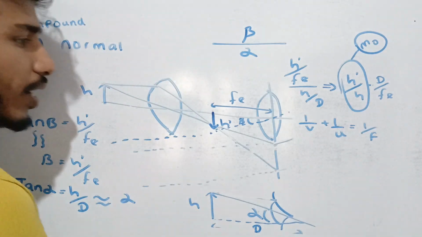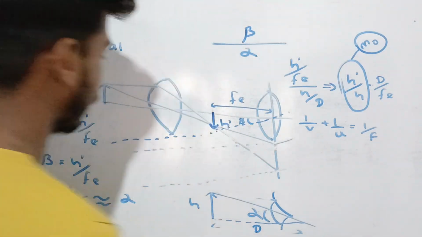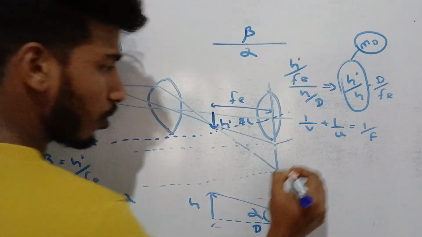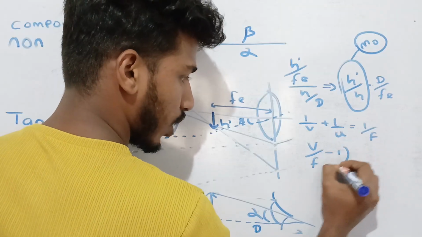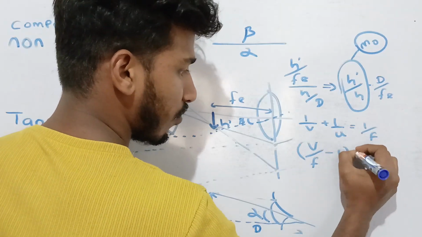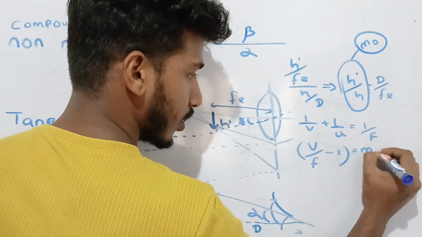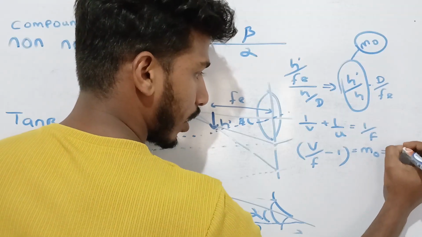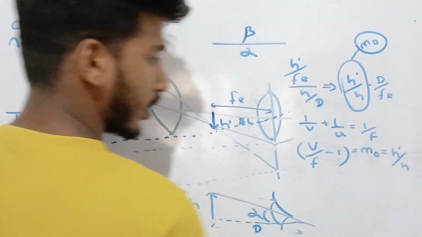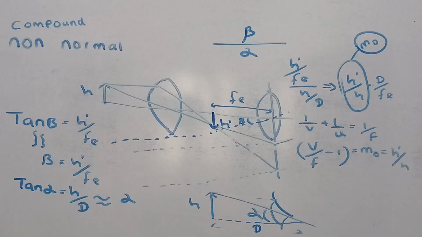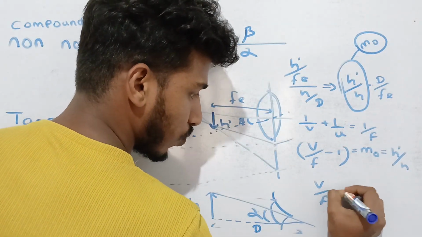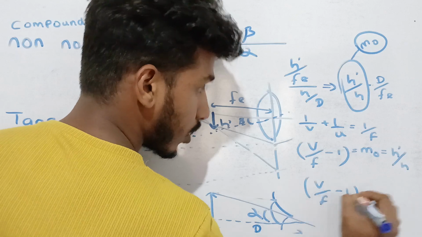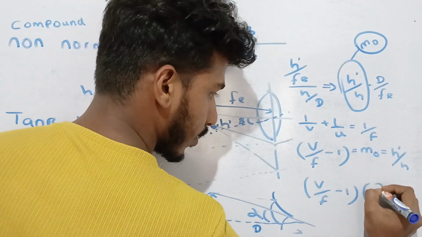Even in detail we had v over f minus 1 as the magnification created by the objective lens, which you can replace in terms of h dash over h. So my final expression would be v over f minus 1 into d over fe.